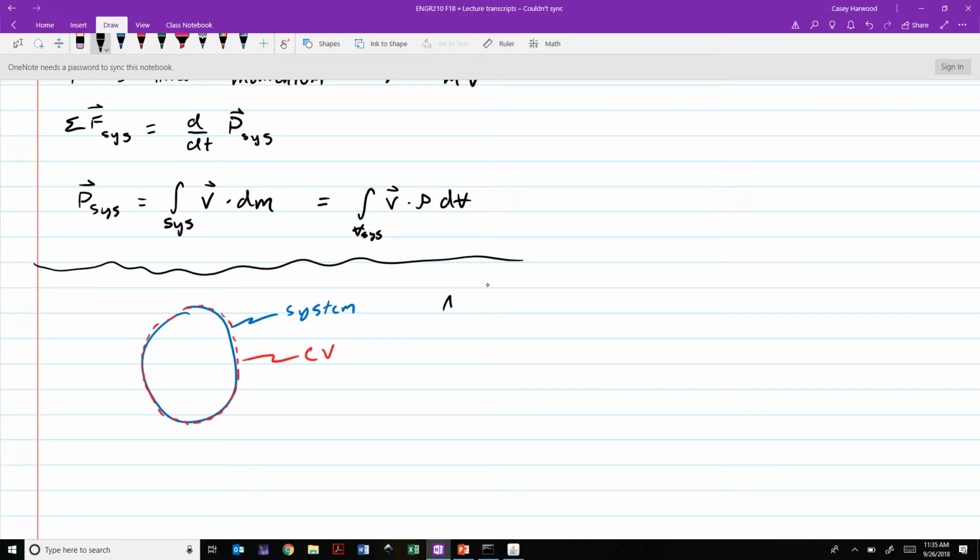So at an instant in time, system and control volume are coincident.